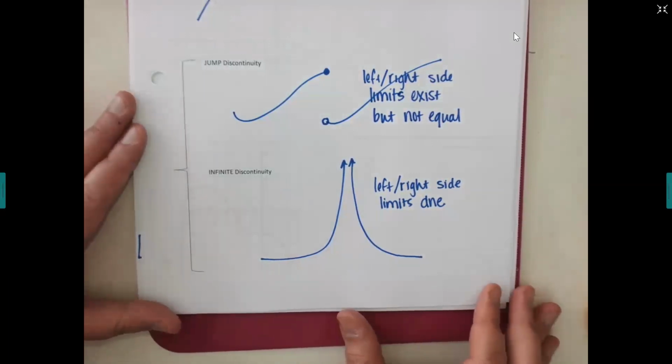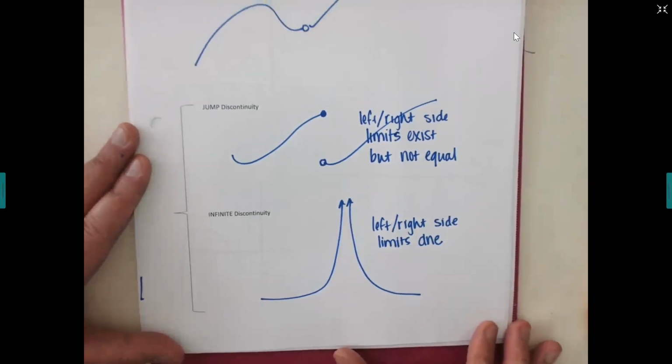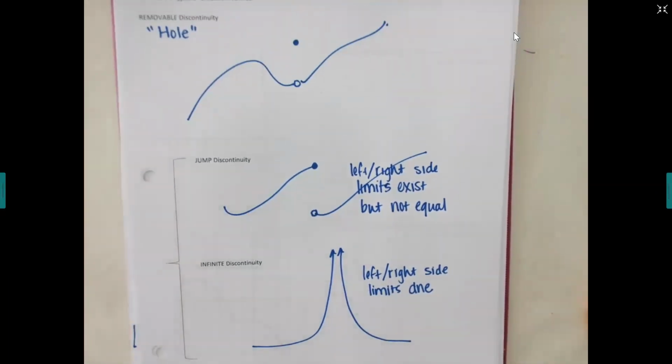Go up to the removable or hole discontinuity. At the hole, are your left and right side limits approaching the same value? Yes, but your Y value is going to be somewhere else. For example, here we filled in our Y value up here.